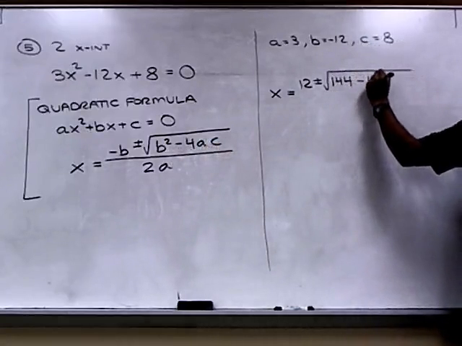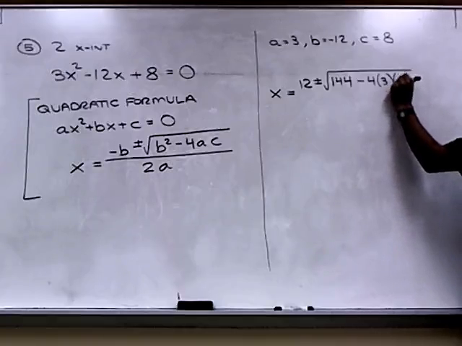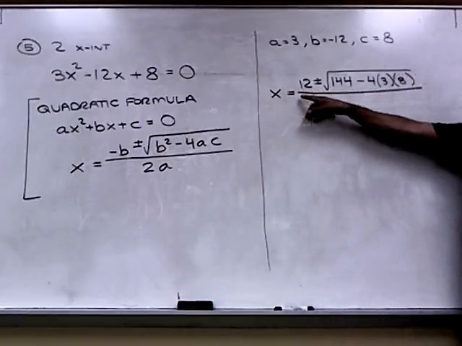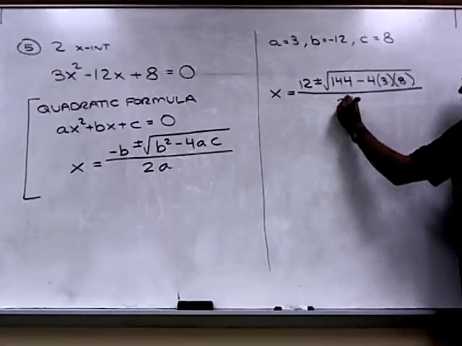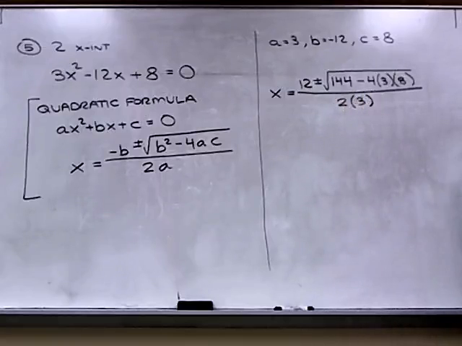So I'm just going to write down what a is. a is 3. What's c? 8. Put that here. And then the entire thing. And notice my division bar goes all the way across. It's even underneath the 12. And on the bottom I get what? 2 times a, which is 2 times 3. All right, so that's everything plugged in. And now I need to actually grind an answer out here.